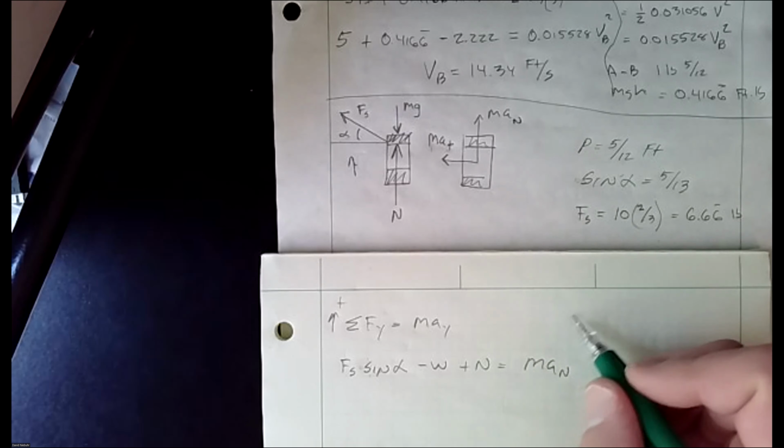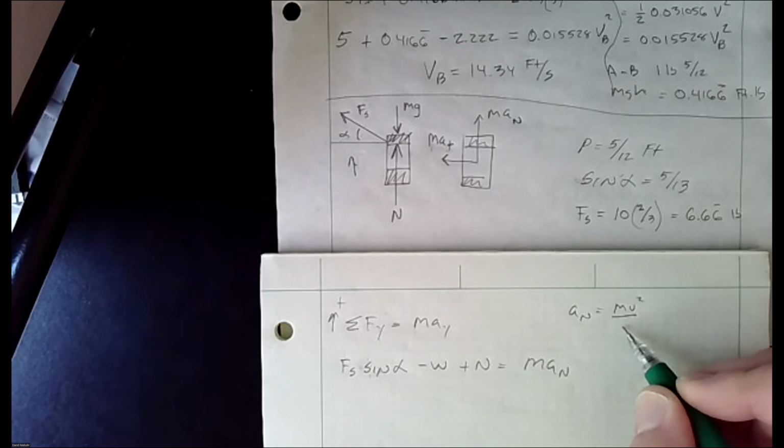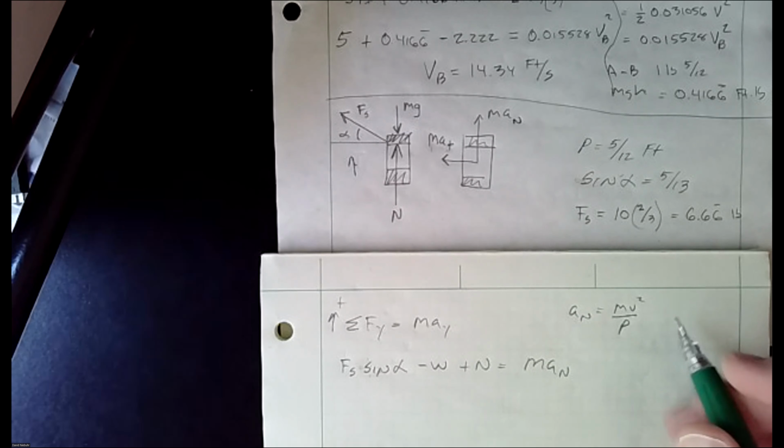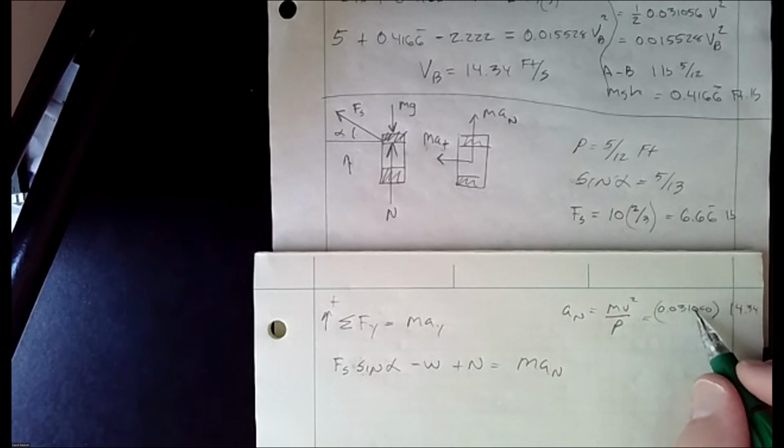So now let's do some substitution. We know that a_n is going to equal v squared over rho, so m a_n is going to equal 0.031056 times our velocity, which was 14.34. This is just the mass, 0.031056.